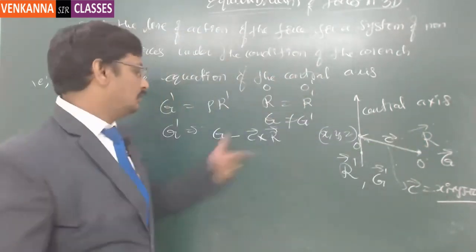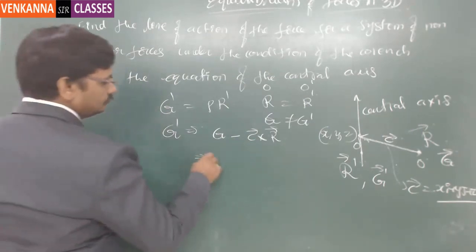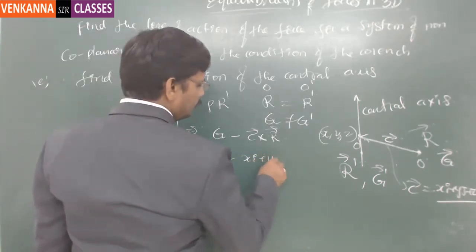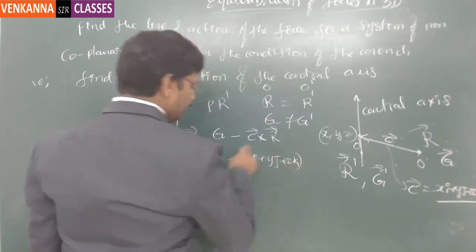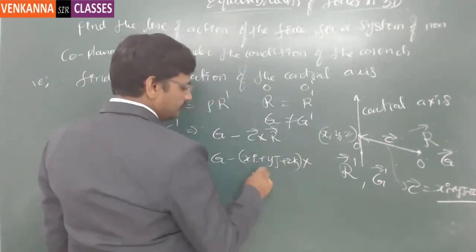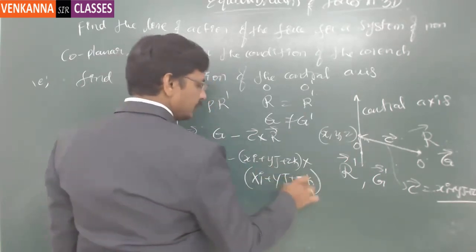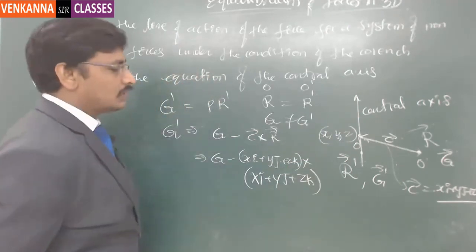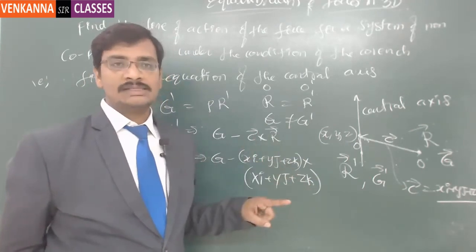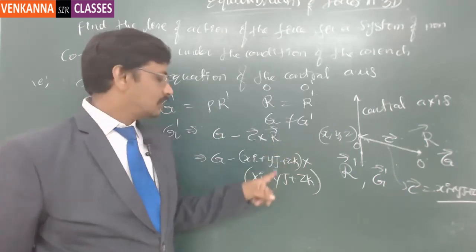Got it? Now if you replace those values here, that is G minus (xi plus yj plus zk, the position vector C) cross (Xi plus Yj plus Zk). So these capital X, capital Y, capital Z are nothing but the sum of the resolved components of the forces along the x-axis, y-axis, and z-axis.